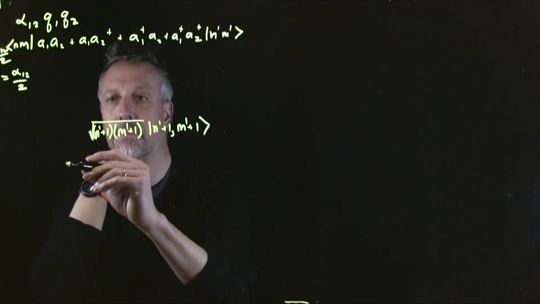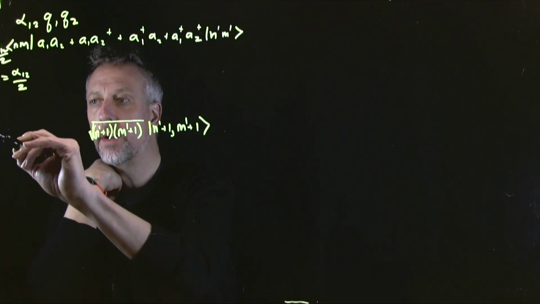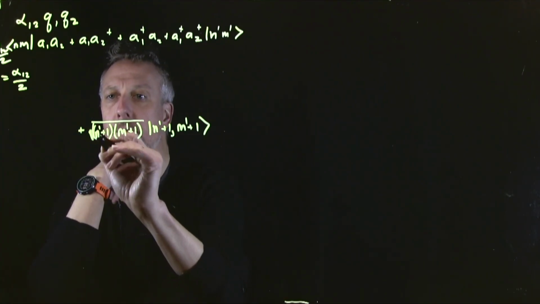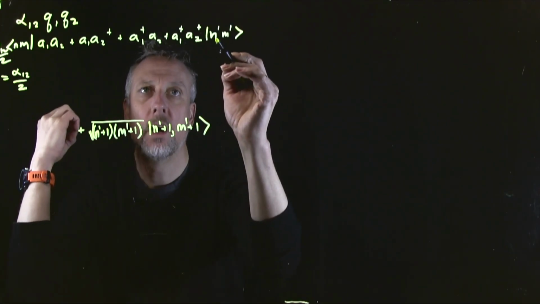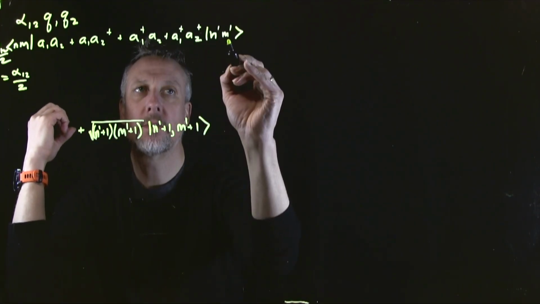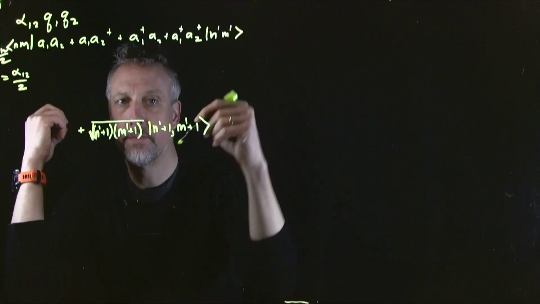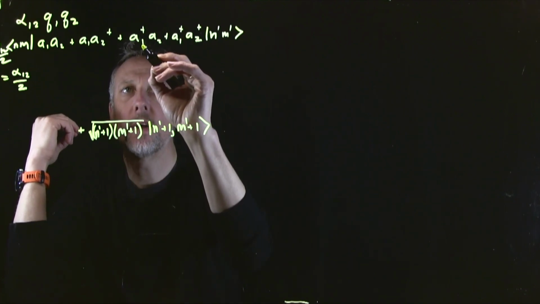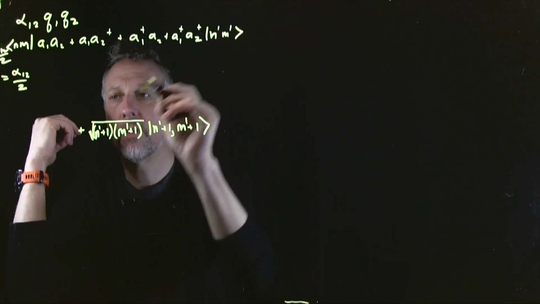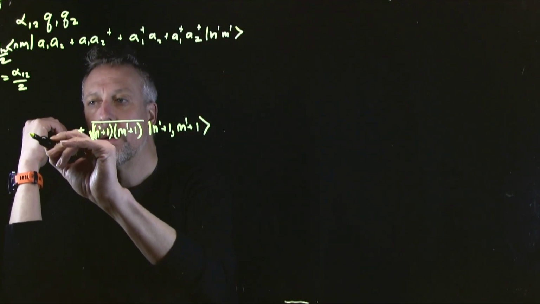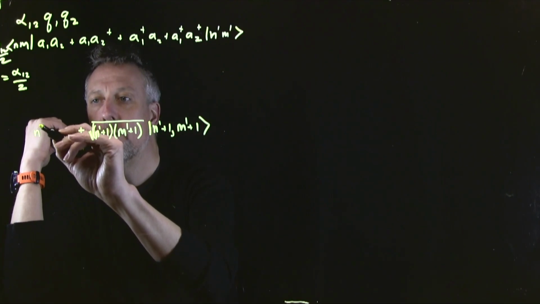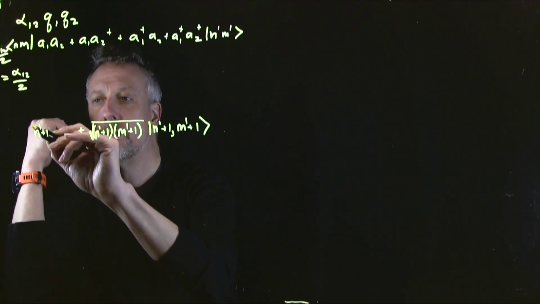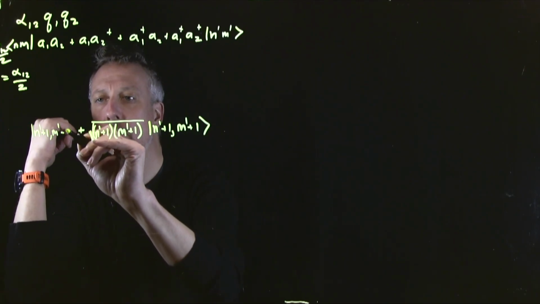The next one over, we'll have over here. A2 makes M' go down, and A1 dagger makes N' go up. So we're going to have N' plus 1, M' minus 1.